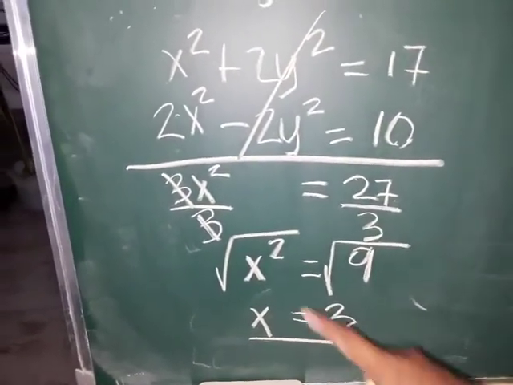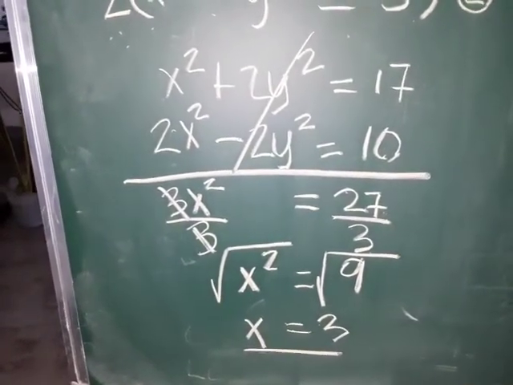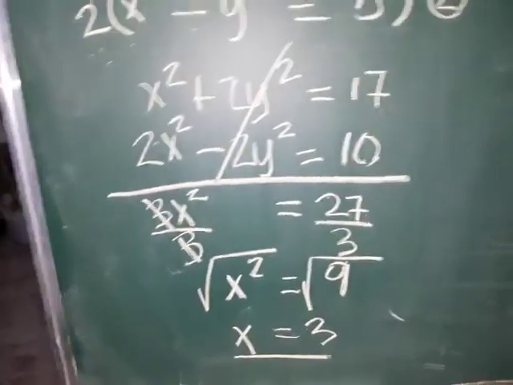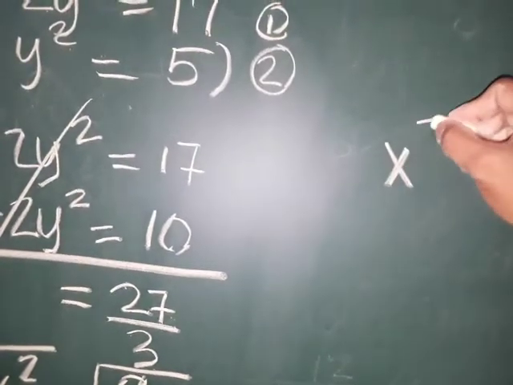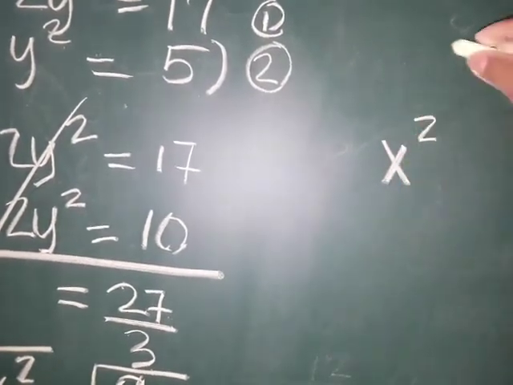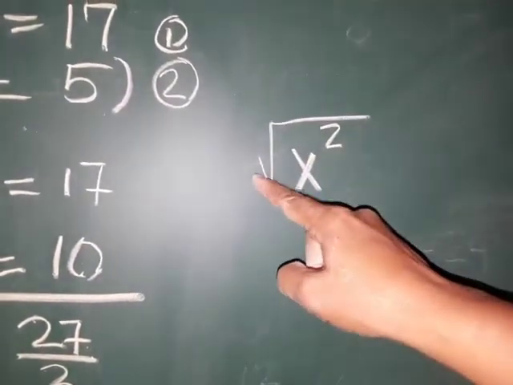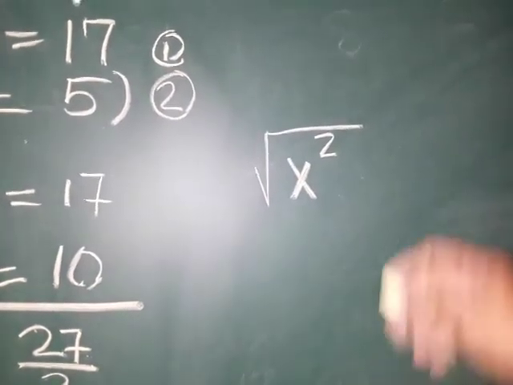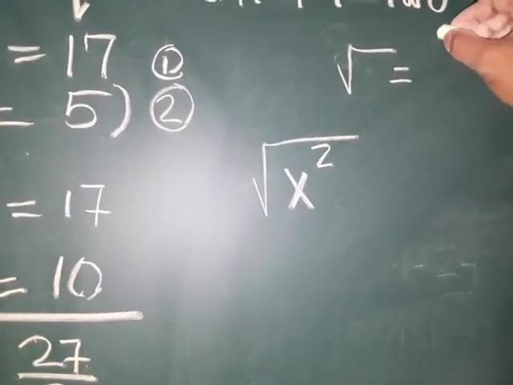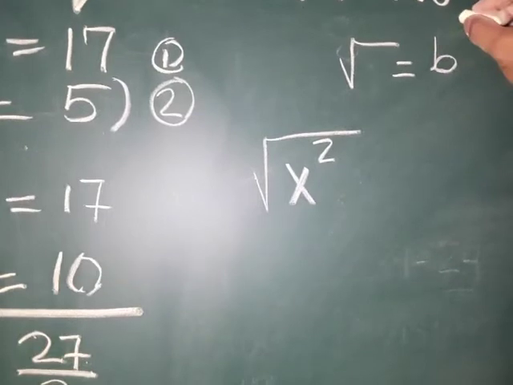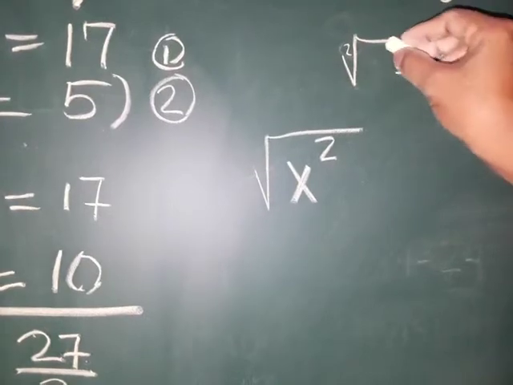The question: how come that if you put a square root or radical on x squared, it becomes x? So I'm going to give a short review for that. When we say x squared and then put a radical, this radical sign means 1/2. I'll repeat: radical sign is an exponent, which is base raised to 1/2. There is a 2 here and 1 inside.